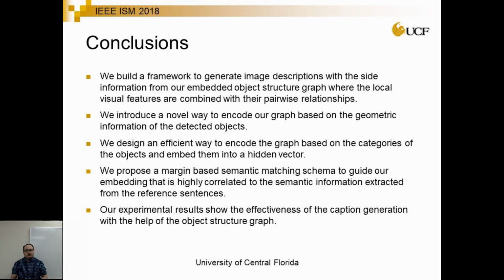Our encoding is based on the structure of the categories instead of isolated objects. And we also propose a marginal-based semantic matching schema to learn the representation that is highly correlated with the reference sentence. And finally, our experimental results show the effectiveness of our caption generation with the help of our object structure graph.